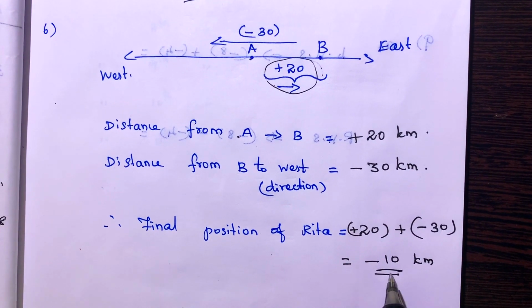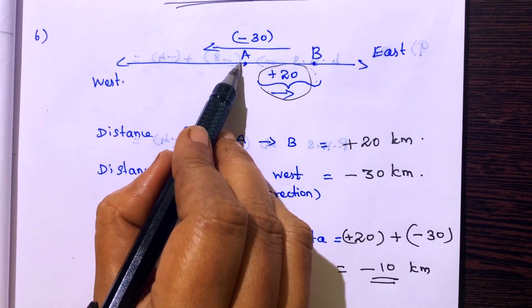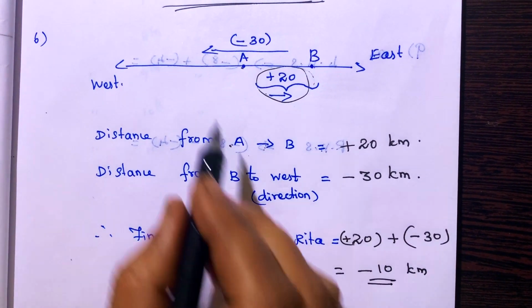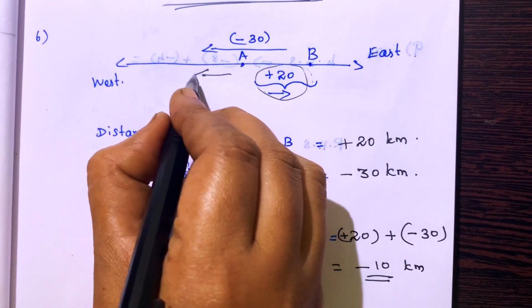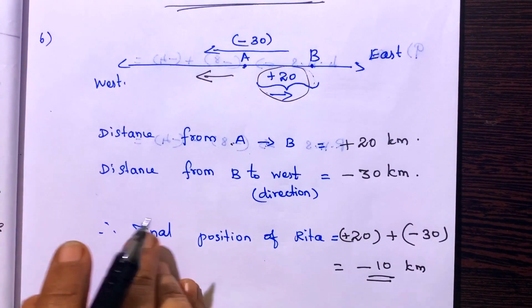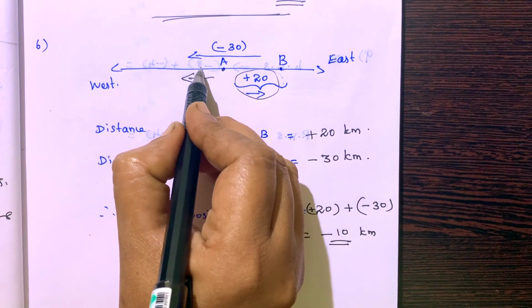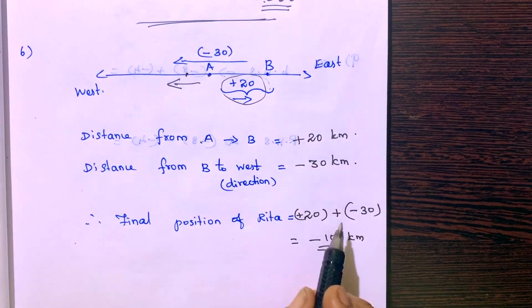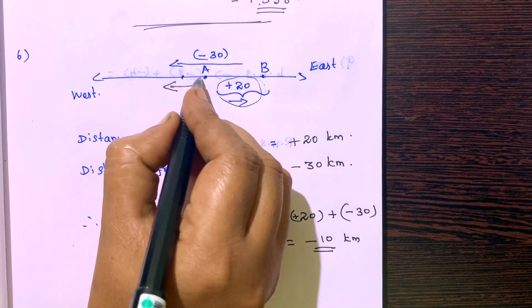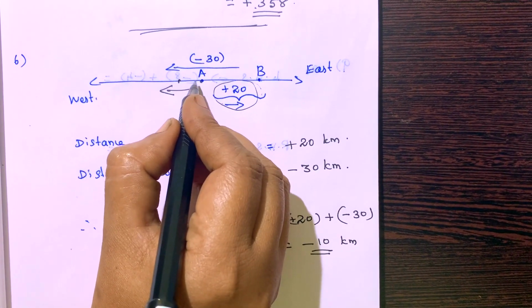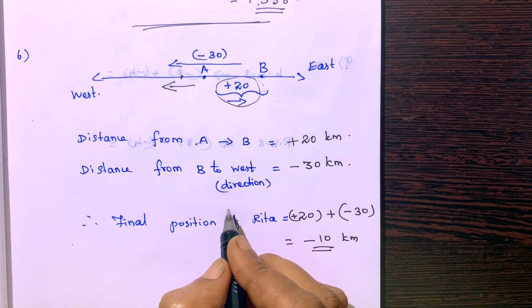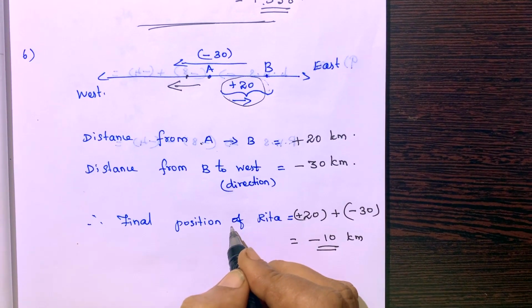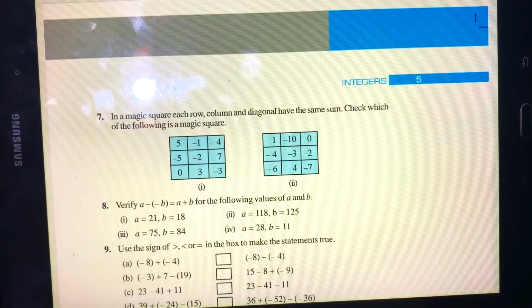So from the starting position A, it is minus 10, meaning completely towards the west side of A. So Rita's place might be like this. So this side, it is given as minus 10. West side of A it's coming. So the position of Rita will be represented by a negative integer.